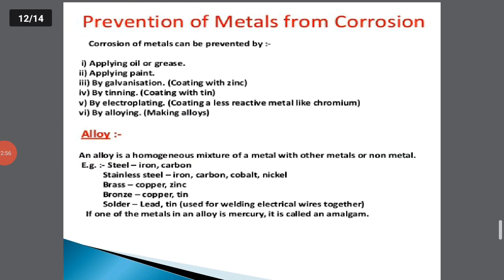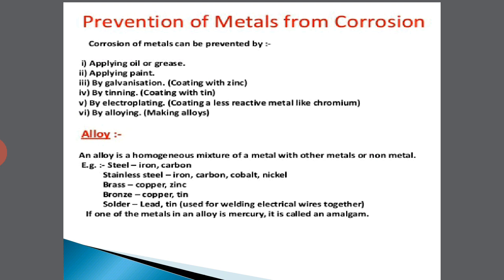Prevention of metals from corrosion: you can apply oil or grease, you can paint, by galvanization, by tinning, that is coating with tin, by electroplating, coating with a less reactive metal like chromium, and by alloying, making alloys.